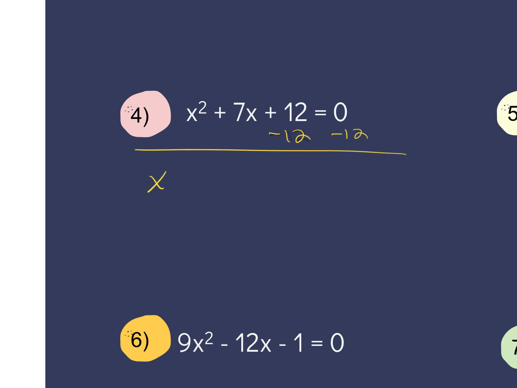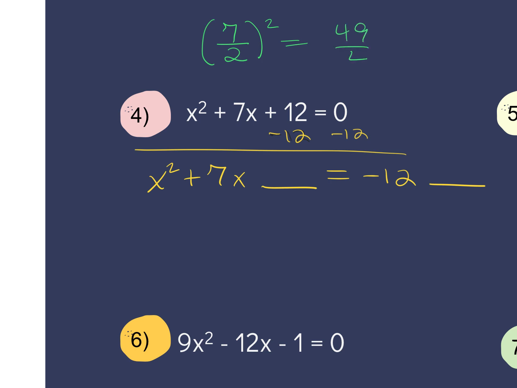X squared plus 7x, blank space, negative 12, blank space. I'm taking my b term, I'm dividing it by 2 and squaring it. So I need to actually square it. This gives me 49 over 4.